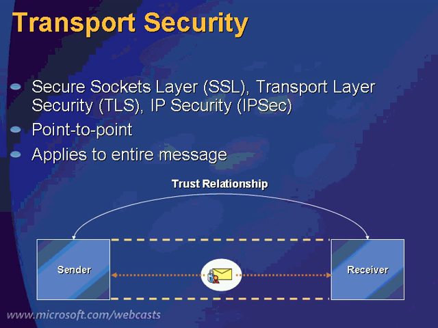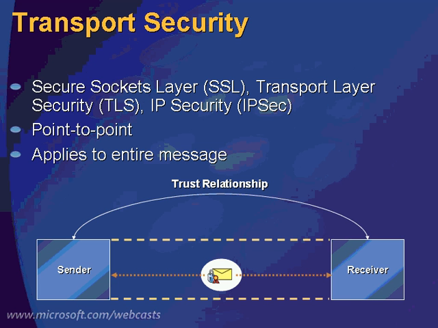Just to give a perspective on that, when we think about transfer security, if it's transport, then I might be using SSL, for example. IPsec and TLS are other examples of this. And of course, WCF has built-in transport security for named pipes and TCP and MSMQ. And this is only point-to-point, which means that it encrypts the entire contents of the packets that are sent between sender and receiver.